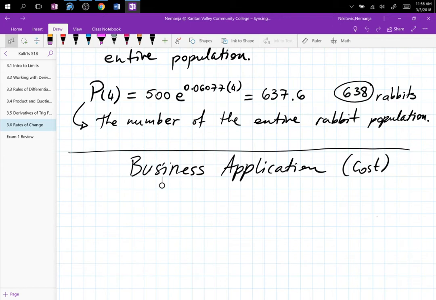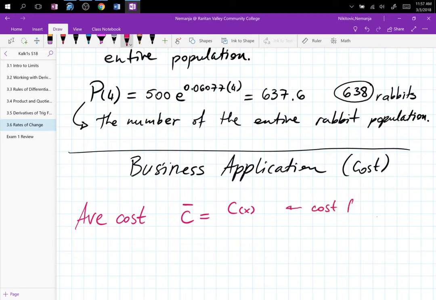First, I'm going to say over here, average cost, written as C with a bar on top, is the cost function divided by the number of units produced.